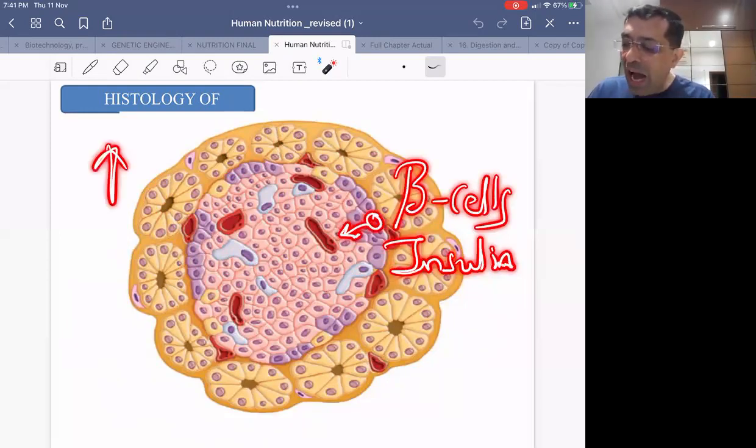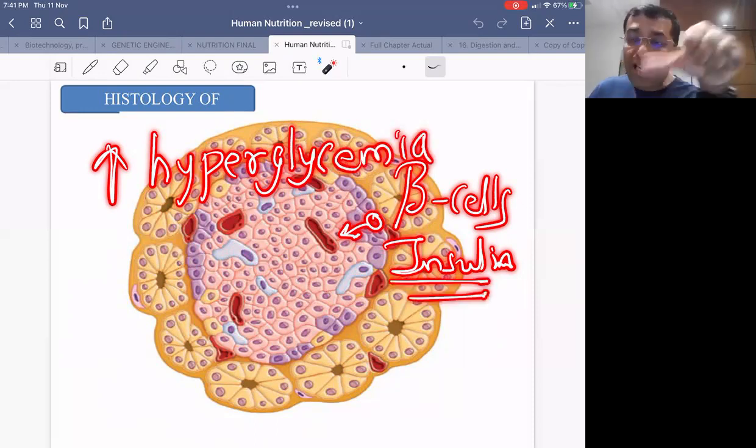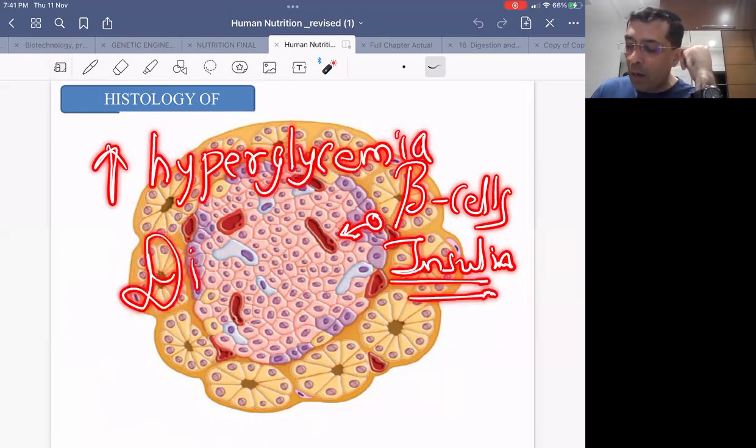You have hyperglycemia, and now there is no insulin produced by your beta cells, means glucose cannot get converted into glycogen in your muscles and your liver cells, and you are having hyperglycemia, elevated blood sugar levels, which we all remember is a condition called as diabetes mellitus.